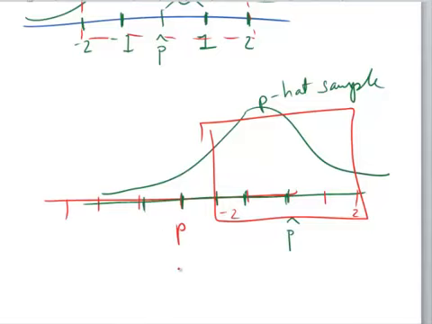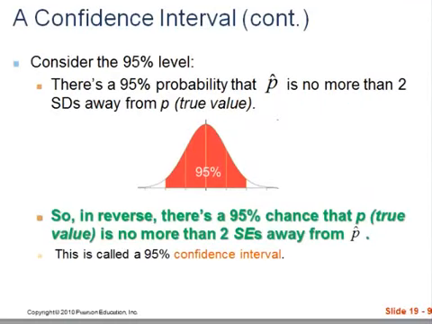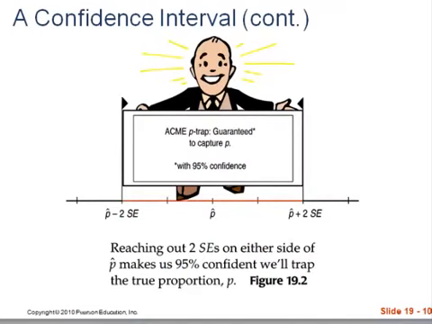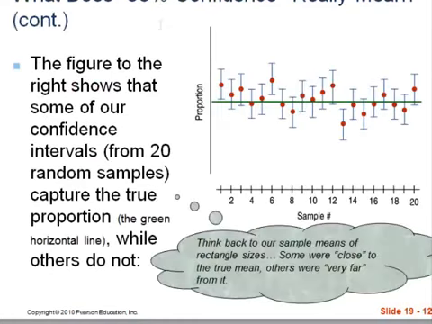If it happens to fall out here, that's the weird 5% chance. That's what we mean by a confidence interval. So we're talking about chances of capturing the true p. 95 is a nice one because it's 2 standard deviations.